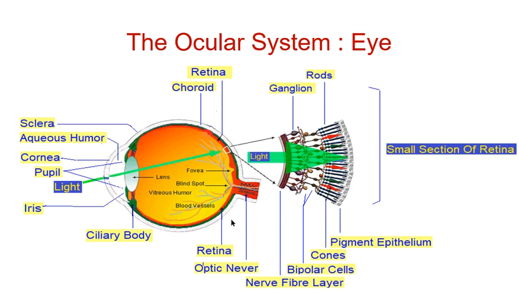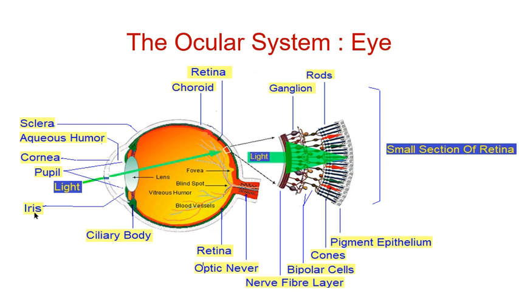Here is a detailed diagram of the eye where you can see, at the very first, the cornea. Inside the cornea, aqueous humor, then sclera.